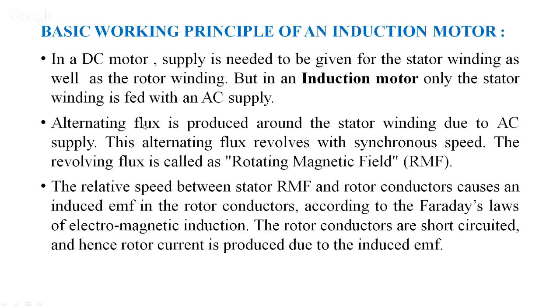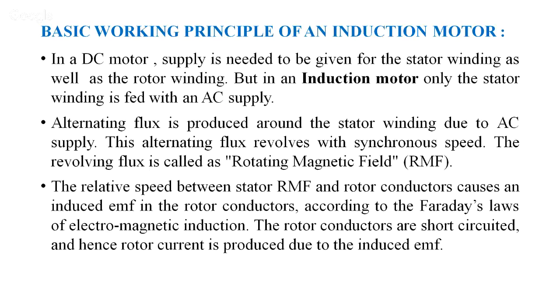Alternating flux is produced around the stator winding due to the AC supply. You have to recall here, any current carrying conductor sets up a magnetic field around itself, which is the Oersted law. In the previous class, we learned that.